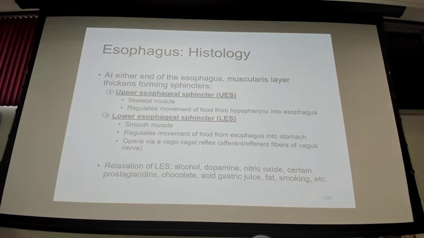This here is kind of important. We do have a slide on GERD, which I'll explain in a little bit. But when you get out there and start seeing patients who have chronic reflux, there is a whole list of foods and substances that you want them to avoid, because they have a direct effect to relax the lower esophageal sphincter. The whole mechanism of GERD is that stuff is going north, right? Because that lower esophageal sphincter isn't closing adequately.